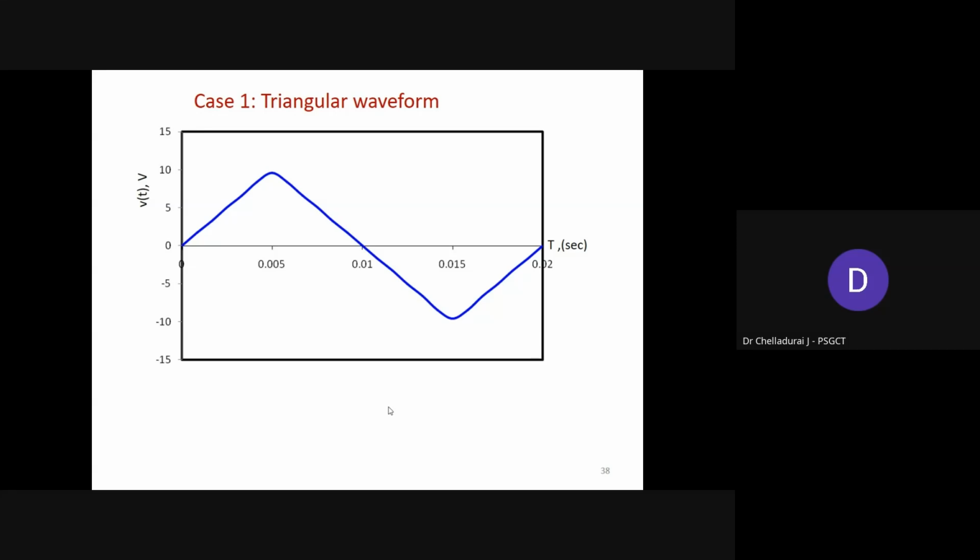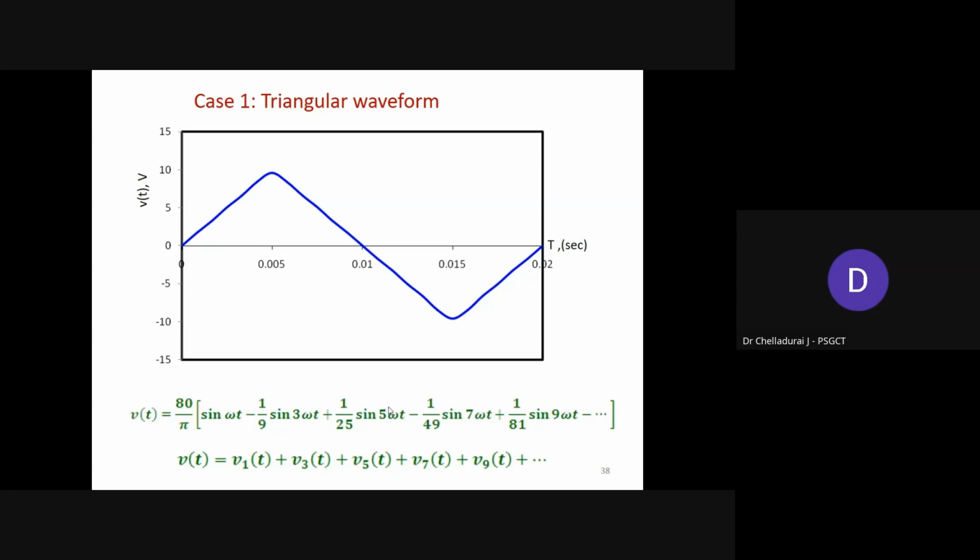So let us consider this very simple triangular wave shape. This waveform is purely non-sinusoidal in nature. If we apply the Fourier series expression to it, here I have indicated the fundamental, that is omega t, then 3 omega t, the third order harmonic content, then fifth order, seventh order, and ninth order harmonic content.